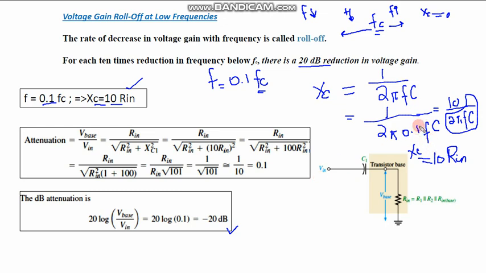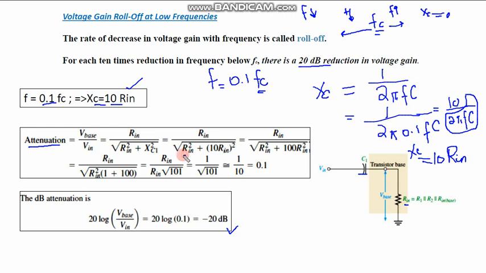So if this is the case, what would happen to the voltage gain of this RC circuit? Again, remember this is attenuation, but we call it a gain, and if a gain is negative, that's why we call it attenuation. Again the same thing we repeat, the voltage divider rule: Rin divided by the total impedance, which is the square root of Rin square plus the capacitive reactance Xc square.